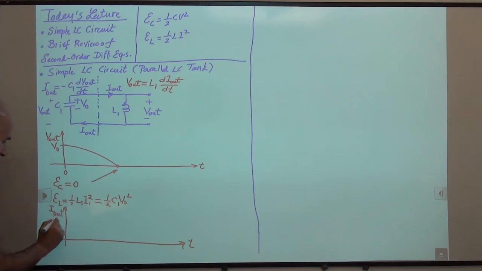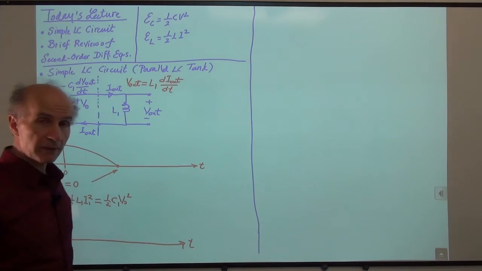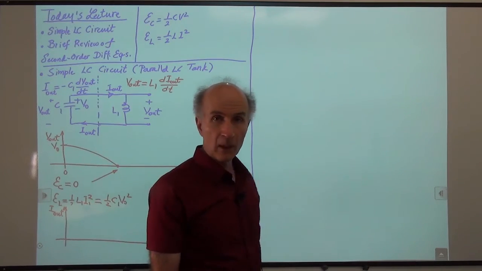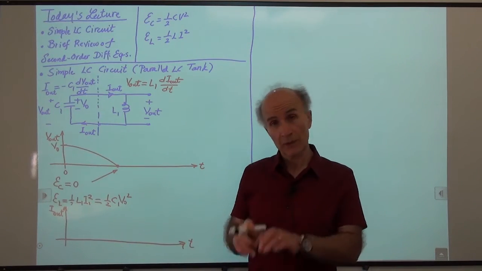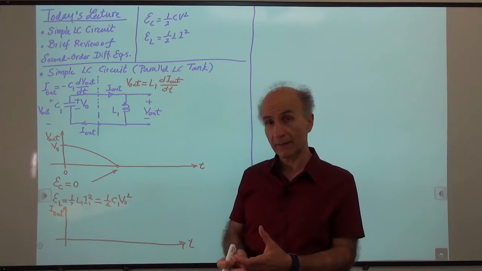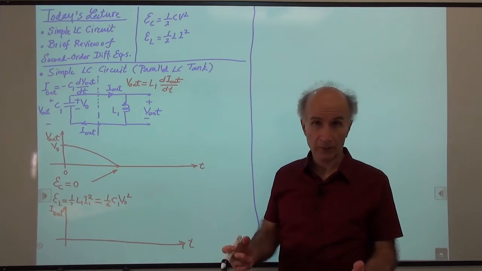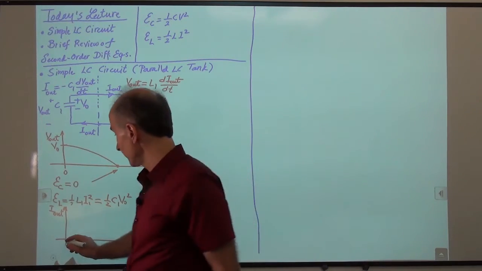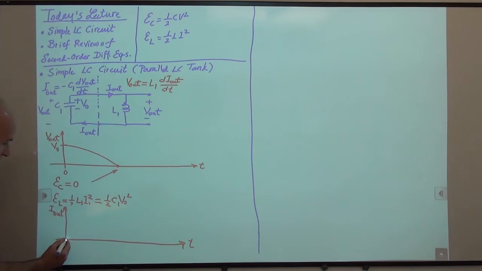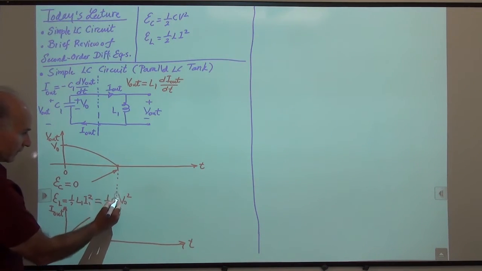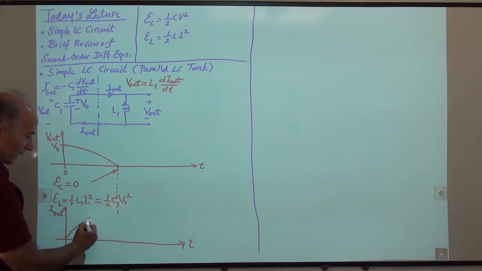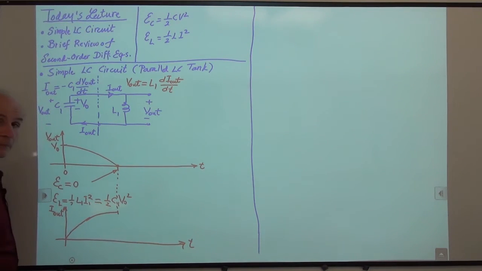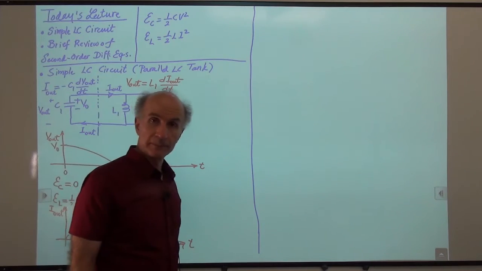So how much is I out at time 0? Well, because the inductor starts with a zero current, and its current cannot change instantaneously, the current has to start from zero. So it starts from zero, and then it grows. And then at this point in time, the current will reach a maximum. Why maximum?